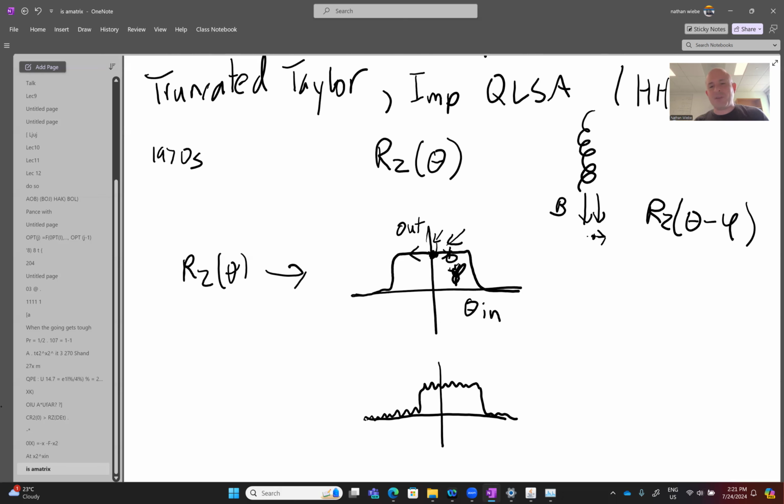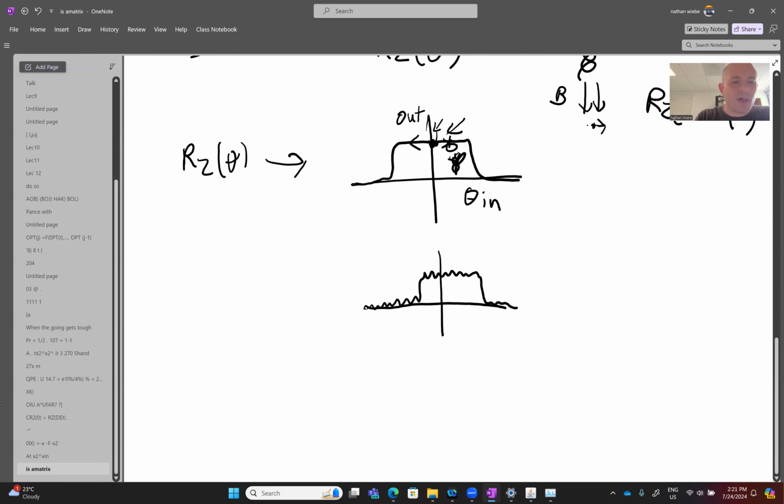And in the 70s, the NMR community ended up finding a pulse sequence called the BB1 90 pulse sequence that took the following form.